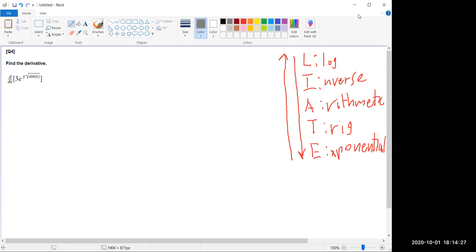There's a lot of ways of saying derivative. d dx is one way. Another way is to say f prime. Some people might write dy dx, or some people might write f prime of x. These are all ways of saying derivative. Or sometimes y prime, doesn't matter.